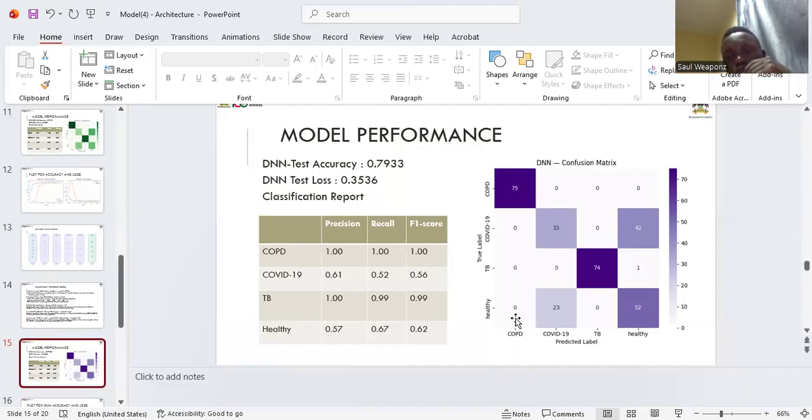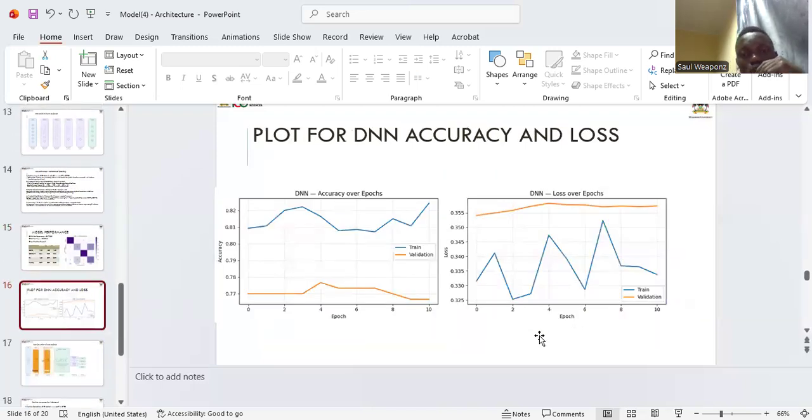So it is just the same information displayed with the confusion matrix here. There is a high correlation between COPD and COPD, and TB and TB, and a lower correlation with the other cases. Yeah, so these are plots for the accuracy and loss during training and validation.